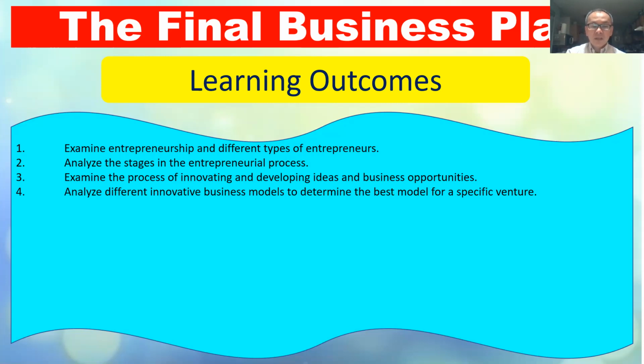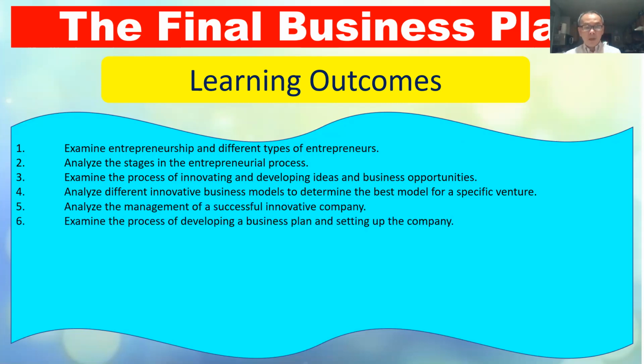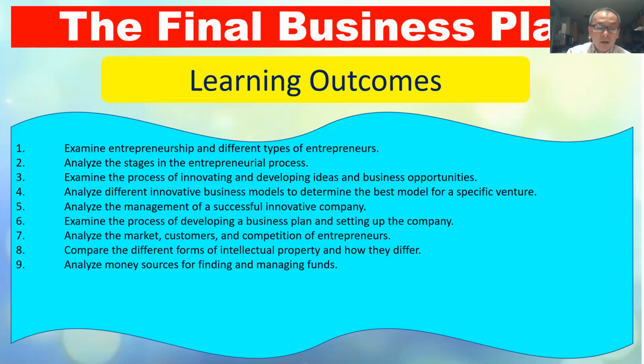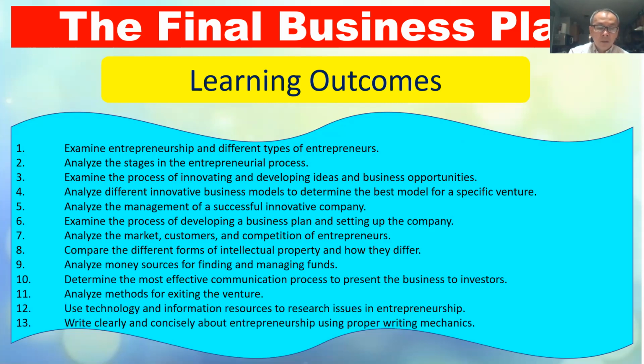Analyze different innovative business models to determine the best model for a specific venture. So these are our learning outcomes. A total of 13 learning outcomes, where you have to clearly and concisely write about entrepreneurship using proper writing mechanics.